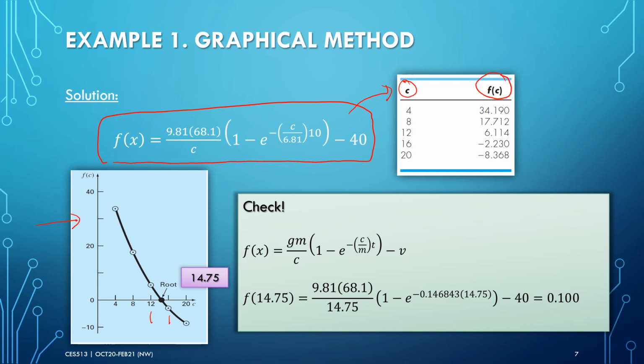By visual inspection, the plot provides a rough estimate of the root of 14.75. The validity of the graphical estimate can be checked by substituting the value of 14.75 into this equation. We can see that it is satisfactory because the answer is near to 0.